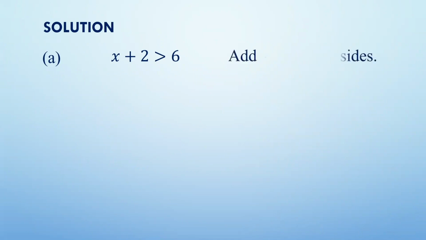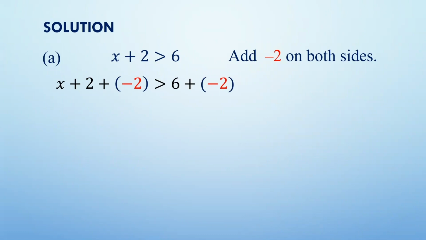So I'm going to add -2 on both sides. You will recall that 2 plus -2 will give me 0. 6 plus -2 is equal to 6 minus 2, which is 4. So the answer is x greater than 4.